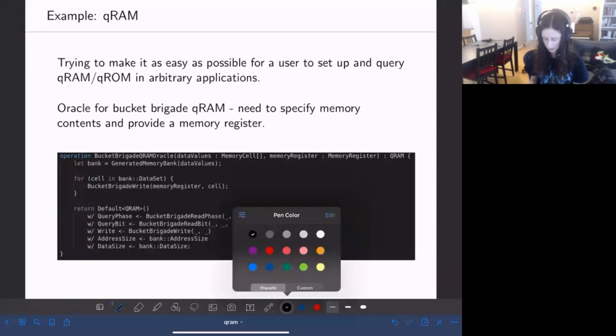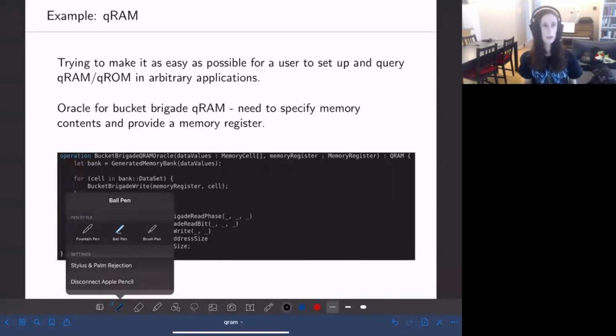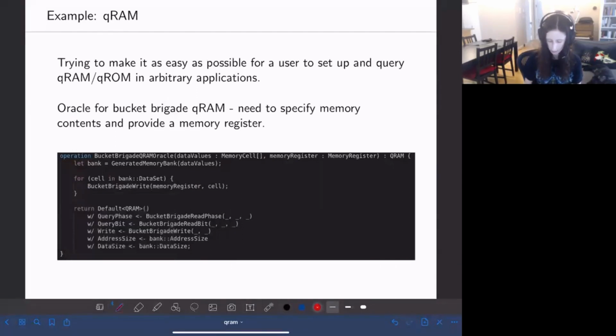So far we've designed oracles for the bucket brigade circuits and some qROMs. This is what our bucket brigade oracle looks like. The key point is that when you create one of these, you have access to the normal things you would usually like to do with a qRAM, such as making a query in the bit form, or making a query in the phase form like you would do for Grover, or writing to the qRAM. Those all become available to the user.